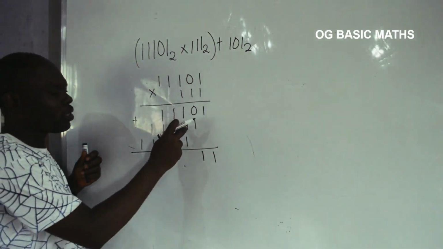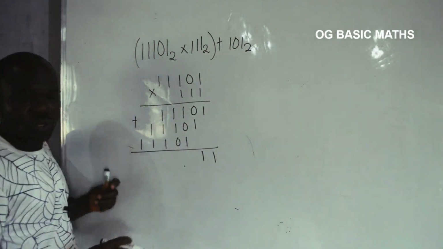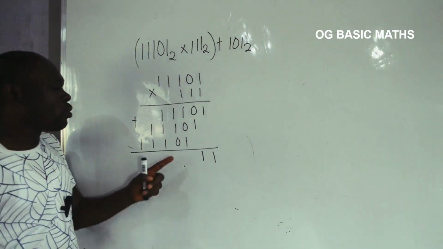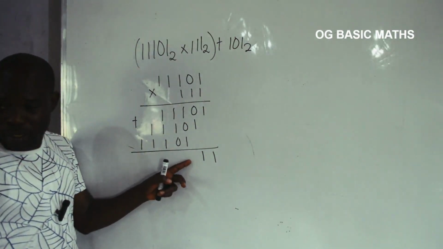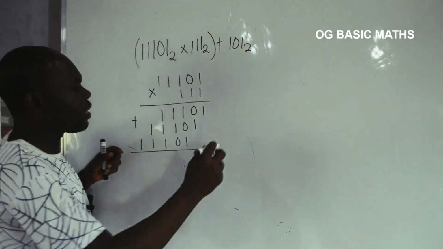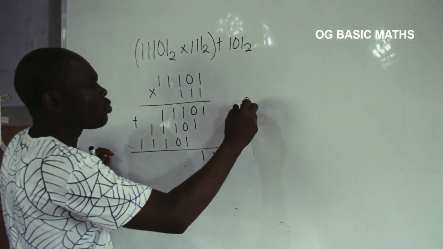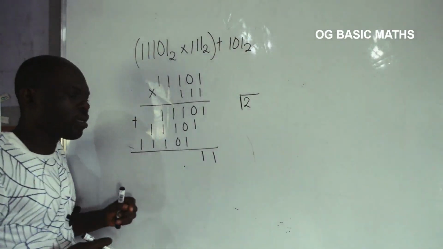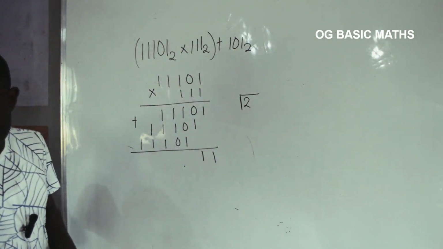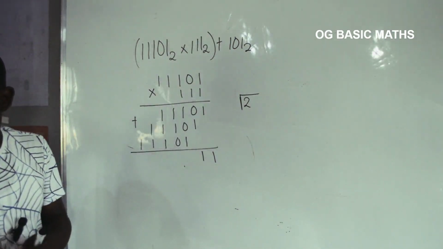Then 1 plus 0 is 1. Plus 1 is 2. But you are told not to write 2 here. So you divide that 2 by 2, because you're using base 2.